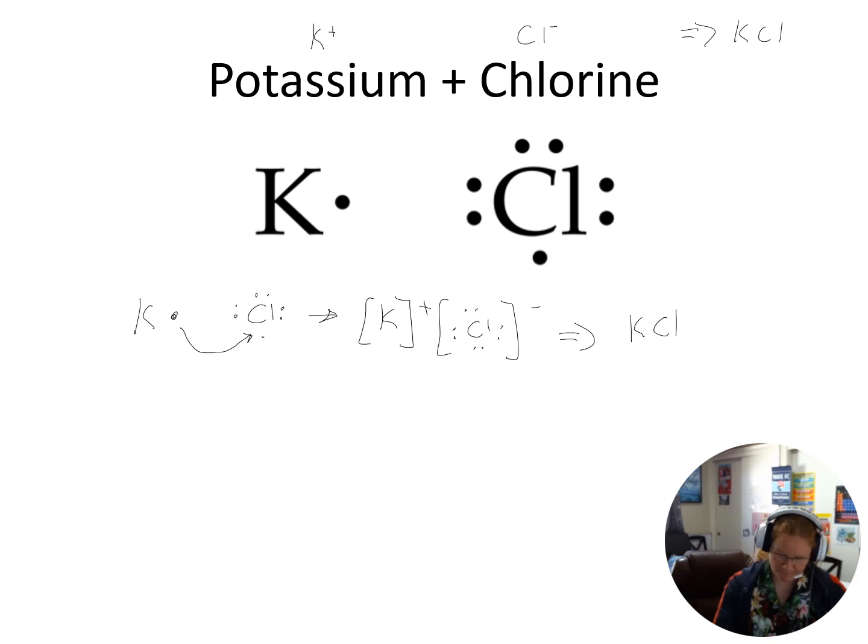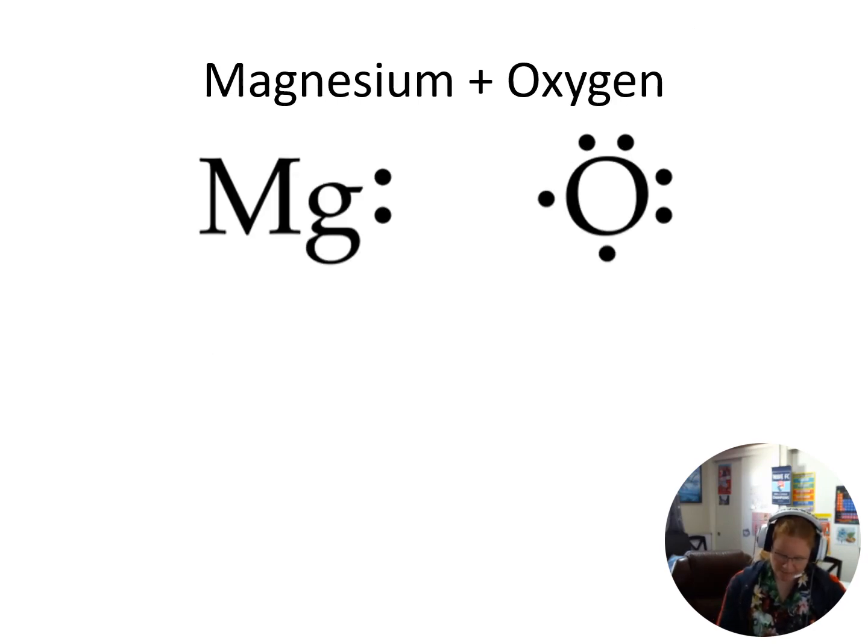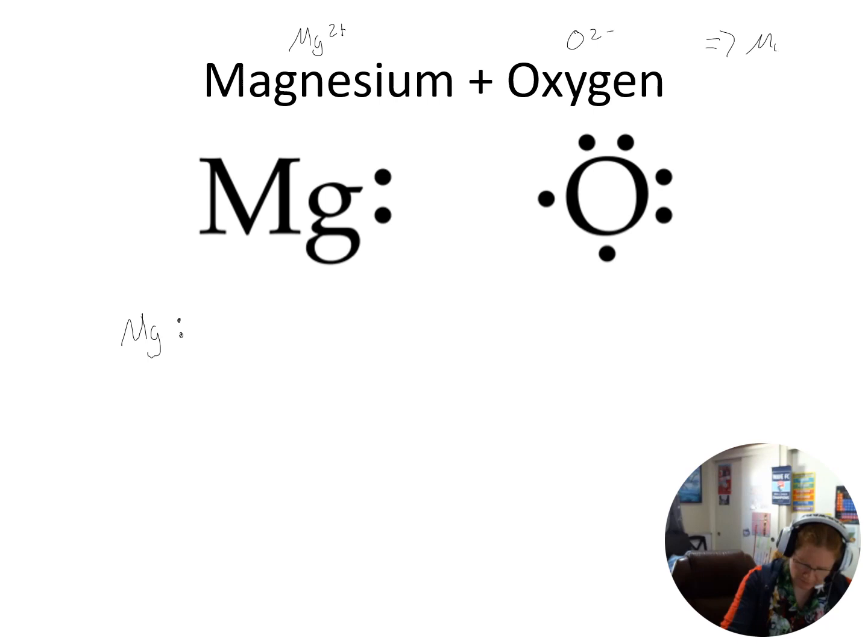Okay. All right, I can do the same thing with magnesium and oxygen. So we know that magnesium does like to form that +2. And so we should get an MgO as our ratio there.